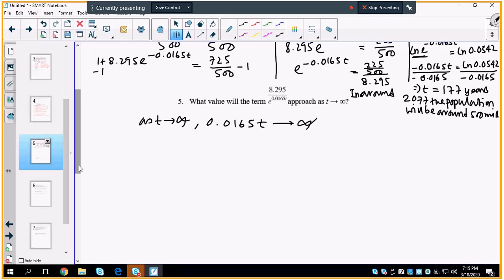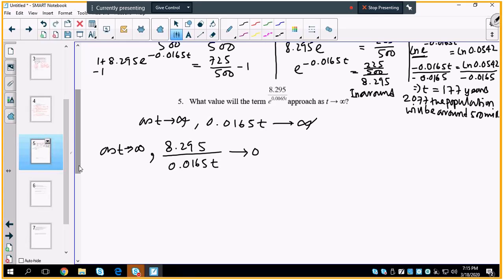So I have a small number on the top, 8.295. I divide it by a large number, 0.0165t. So as t goes to infinity, this number will get smaller and smaller. You have a small number, you're dividing it by a large number, so this number is getting smaller and smaller.